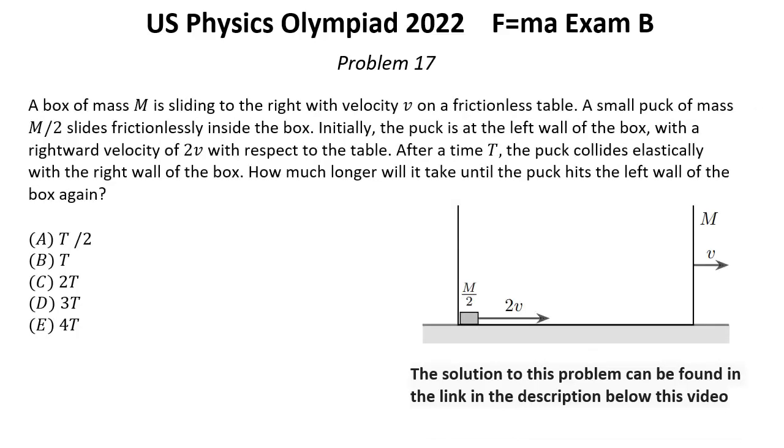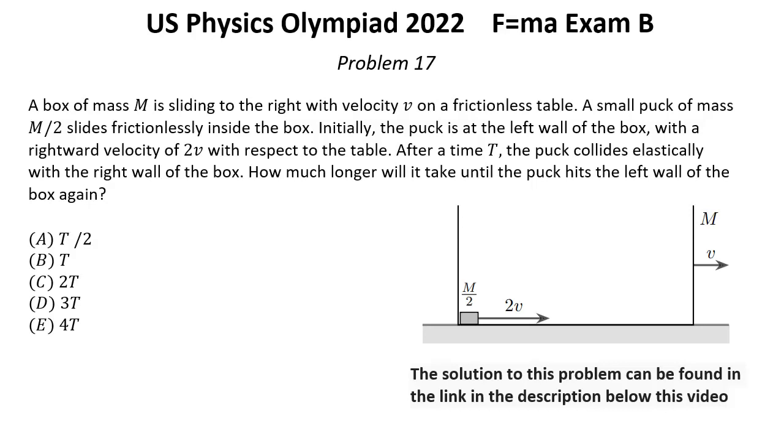Problem number 17. A box of mass M is sliding to the right with velocity v on the frictionless table. A small puck of mass m/2 slides frictionlessly inside the box.